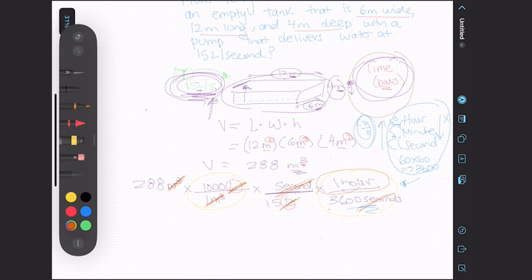This is a really great example of a problem where dimensional analysis is needed, and it's really just putting all of the units together and canceling them so that you're left with what you need. So when I put this all into my calculator, I end up getting 5.3 hours. So it's going to take 5.3 hours to fill up this tank all the way to the top with a pump that is pumping water at 15 liters per second.